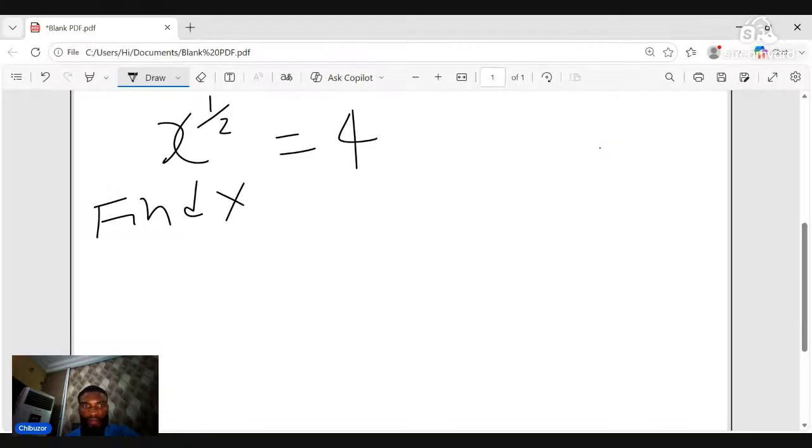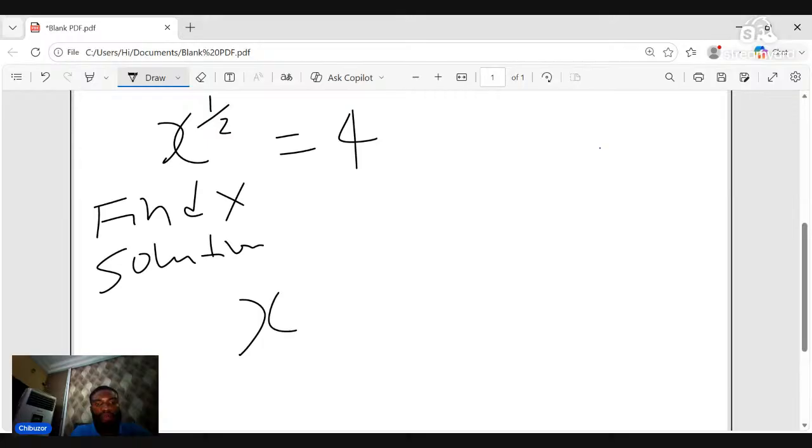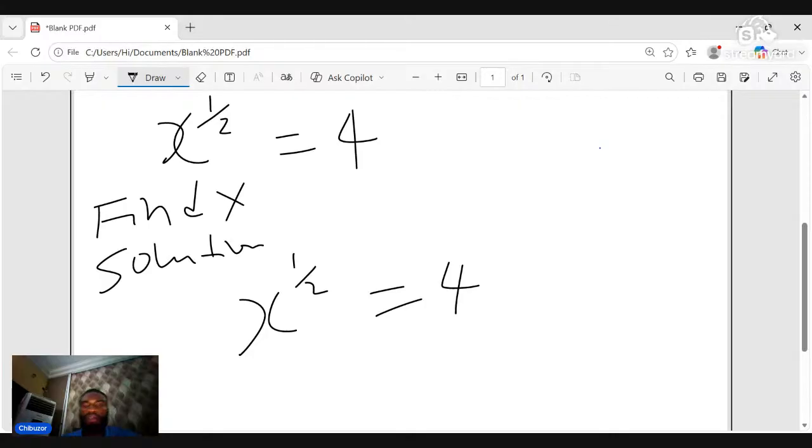How did we arrive at 16? x raised to power 1 over 2 is equal to 4. In the law of indices, we have that if a is raised to power 1 over n, it will be the nth root of a.